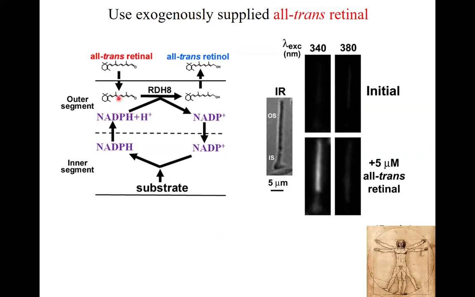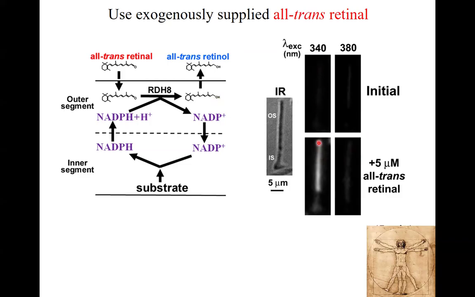So we give all transretinal, it will be reduced, and then we can run the assay the same way. This is the situation, outer segment, inner segment, initial, and we give 5 micromolar all transretinal. And this works well. This is published. It's a good concentration. Things work well.